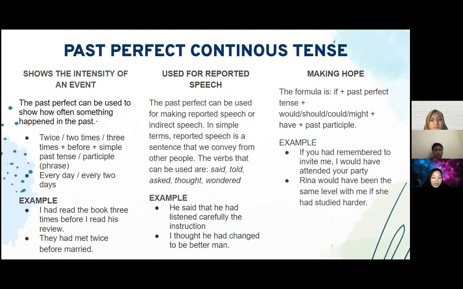Example, I had read the book 3 times before I read his review. And so, they had met twice before marrying. And used for reported speech. The past perfect can be used for making reported speech or indirect speech. In simple terms, reported speech is a sentence that we convey from other people.